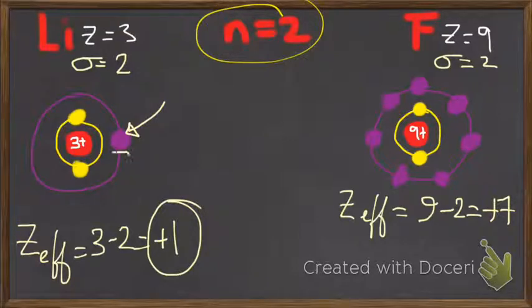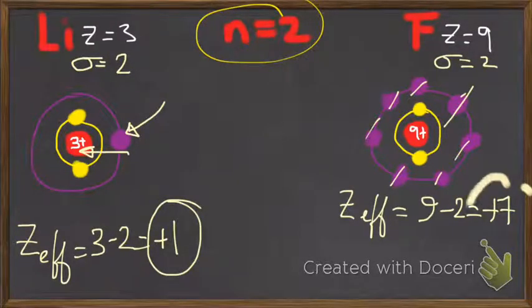So it's not being pulled in towards the nucleus as much. Any of these outer shell or valence electrons for fluorine feel approximately the pull of 7 protons. And so they feel a lot more protons pulling them in.